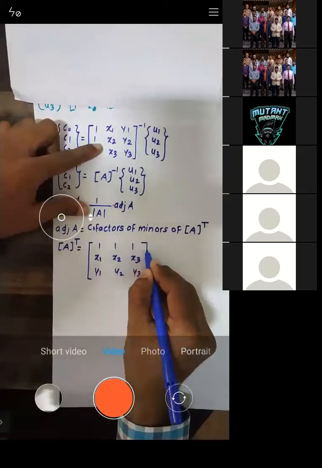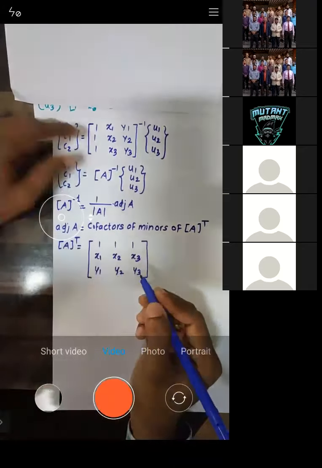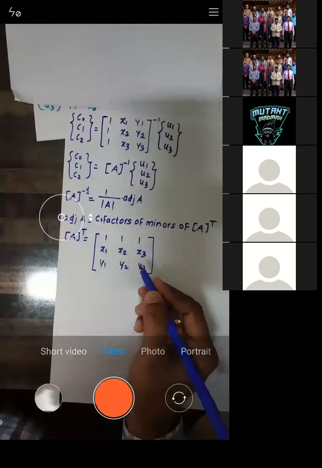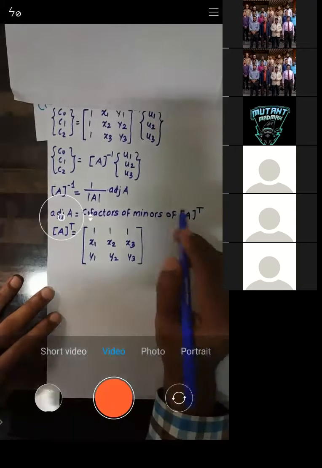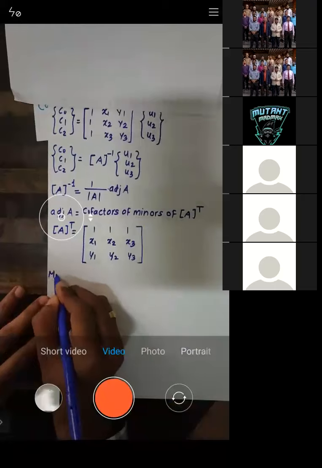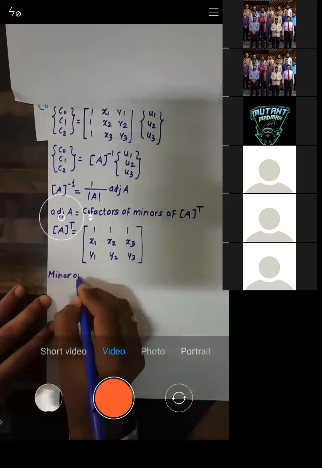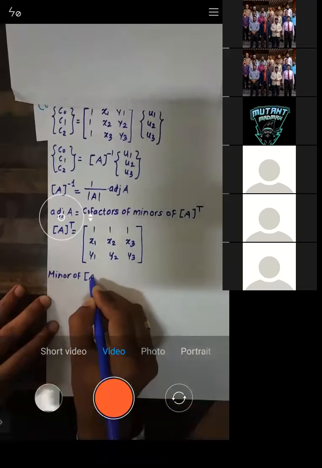This is how we calculate A transpose. Now we'll take its minor. Let us take the minor of A transpose.